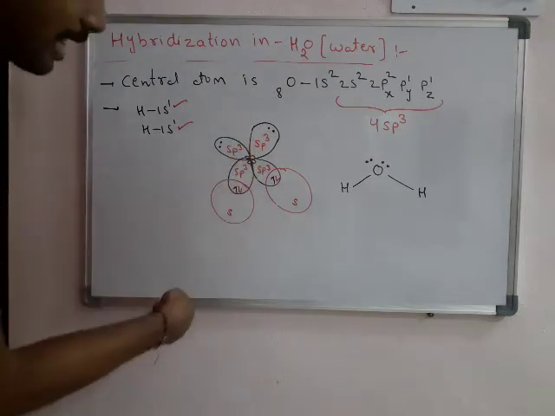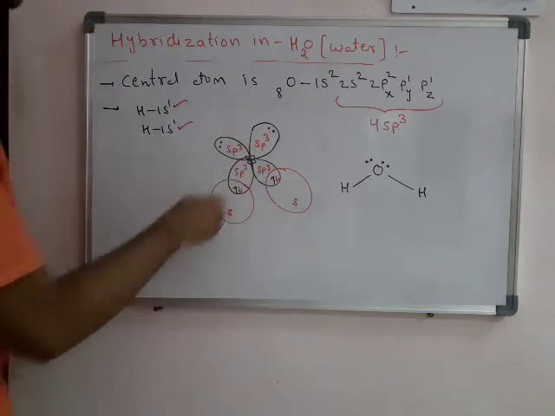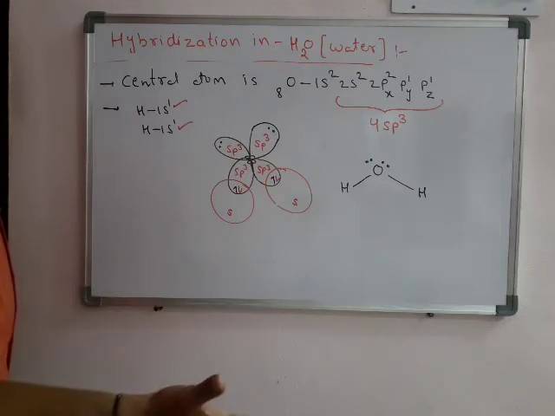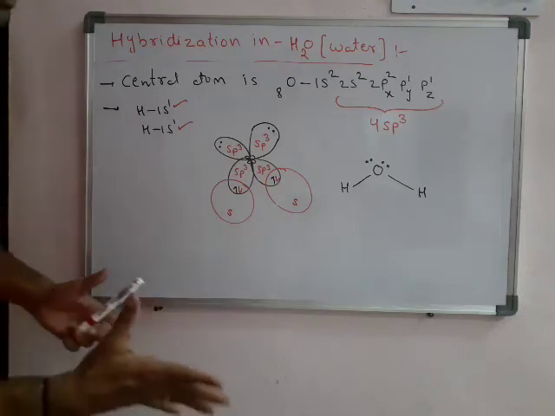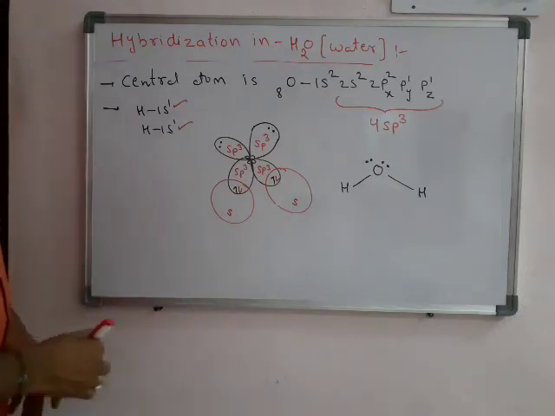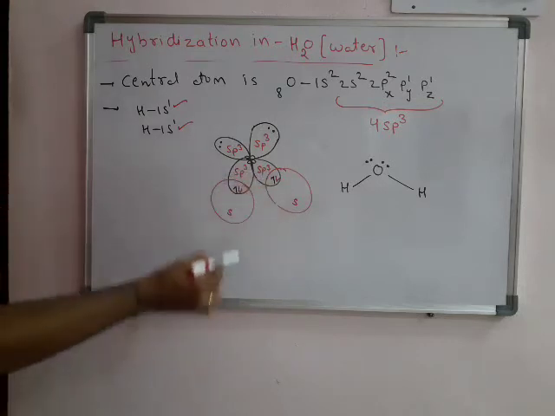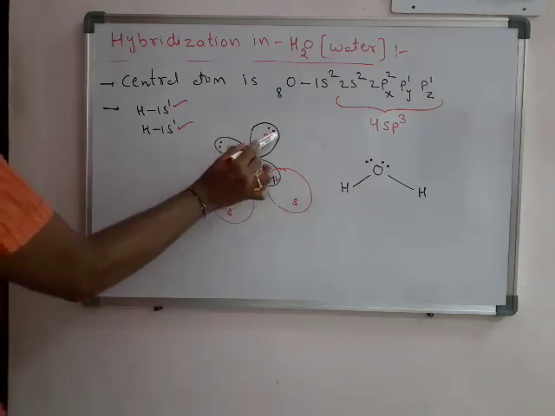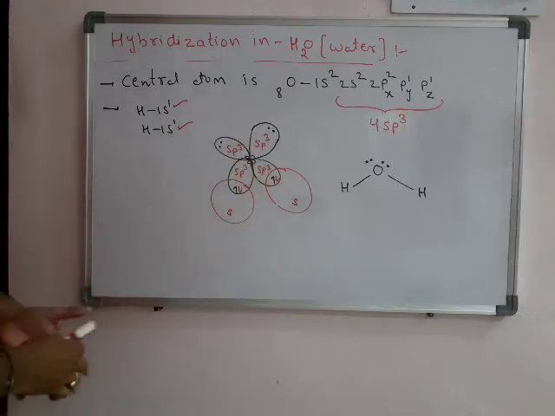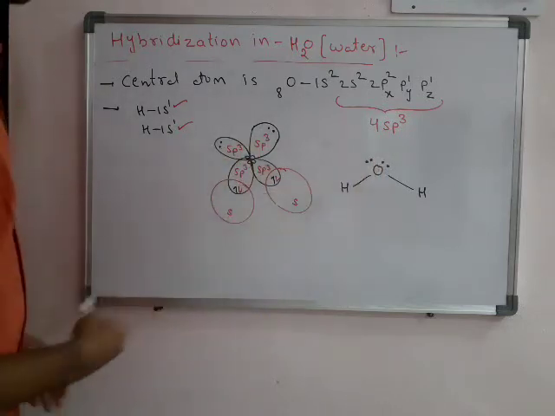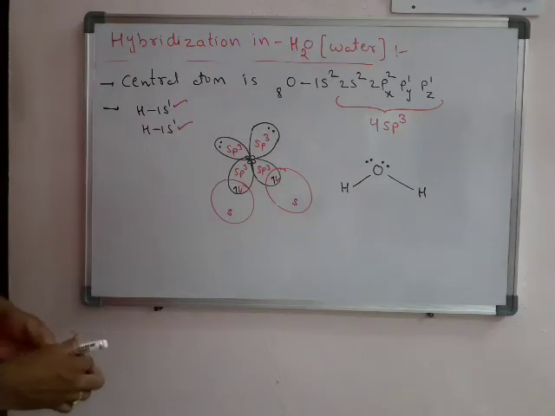First overlapping is always straightwise overlapping. What is the nature of overlapping? Nature means heavy overlapping. sp3s. Here also sp3s. What about other sp3s? Other sp3s have lone pairs of electrons on the central atom. So this is the same.